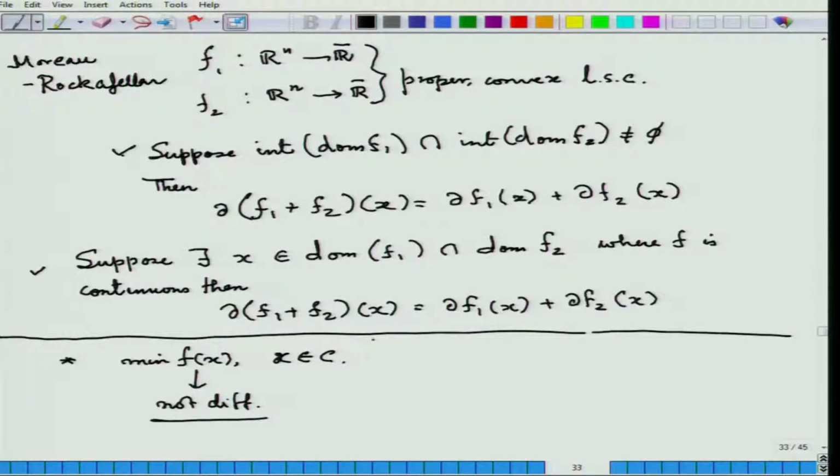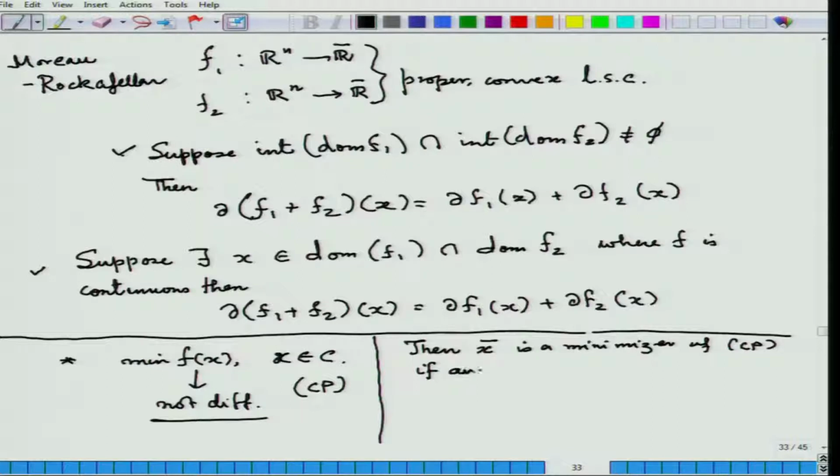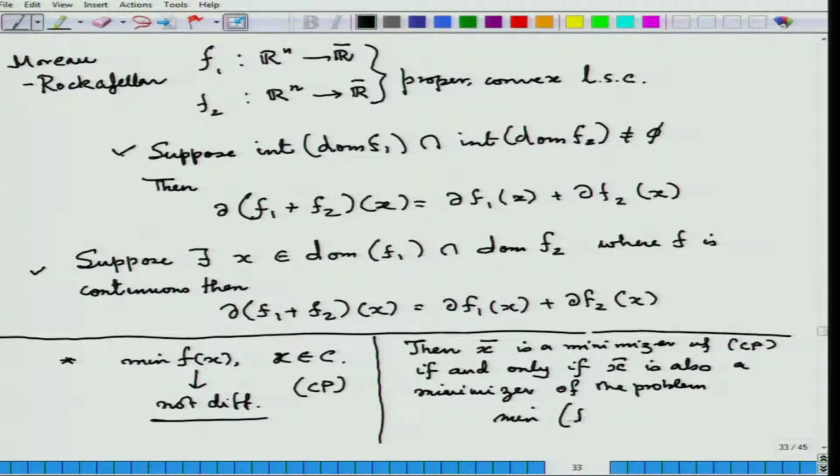Now, what I will do is the following. If I call this problem Cp, then x bar is a minimizer of Cp if and only if x bar is also a minimizer of the problem min of f plus the indicator of C, the problem over x an element of the whole Rn.